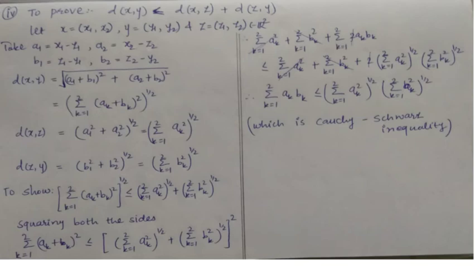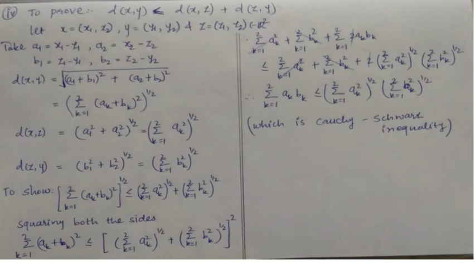So dzy is equal to square root of b1 square plus b2 square, and it is also written in summation, we get summation over k equal to 1 to 2 of bk square, whole to the power 1 half.